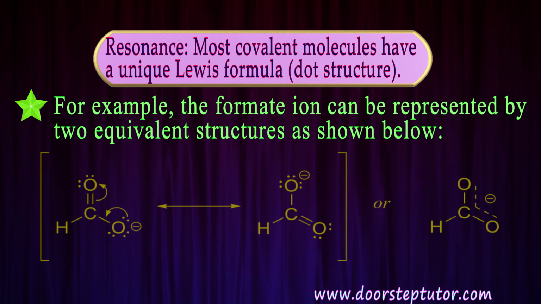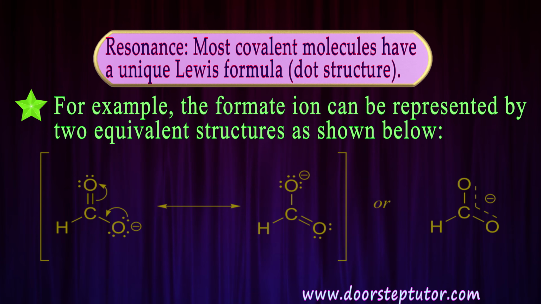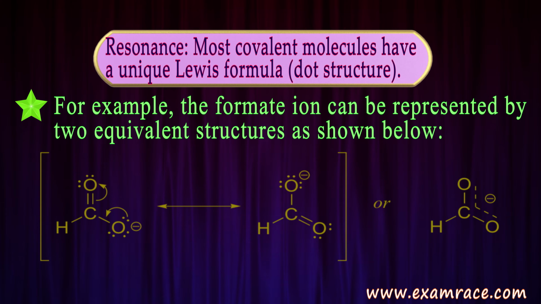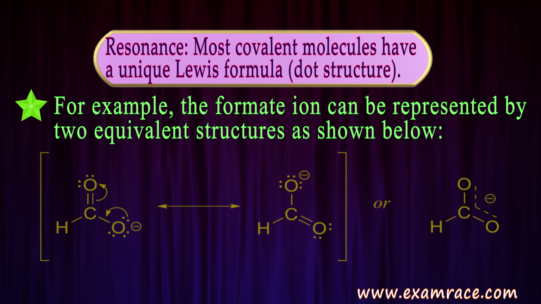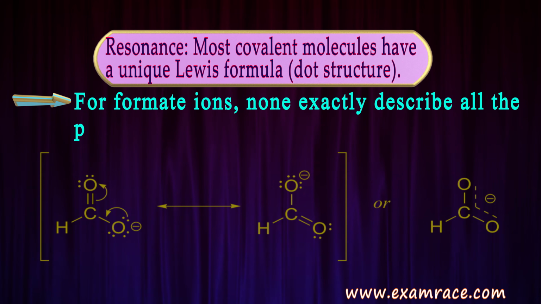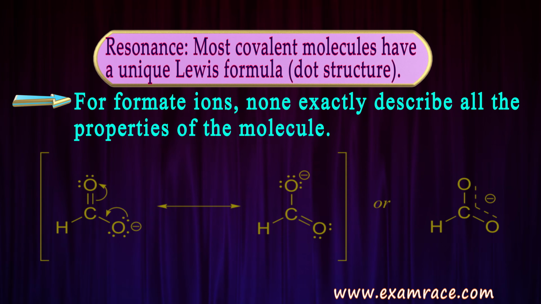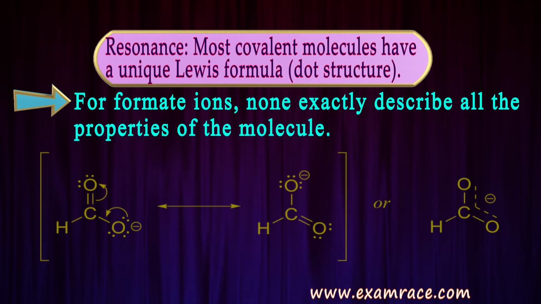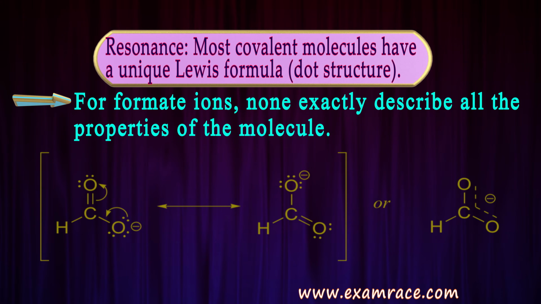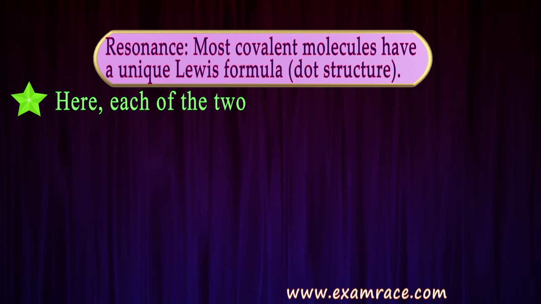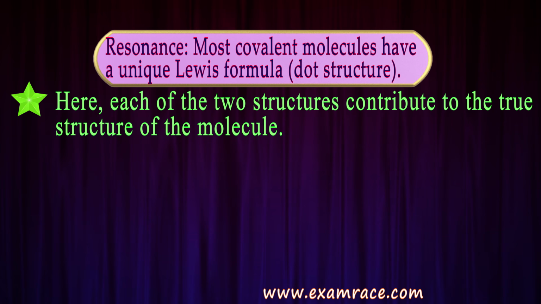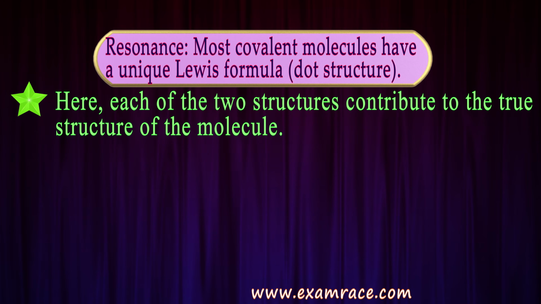These two structures are equivalent to each other. Outside the bracket you can see one more structure. This is the hybrid structure of formate ion. The two resonating structures do not tell the exact properties of this molecule, and each of the two structures contributes to the true structure of the molecule, that is the hybrid structure.